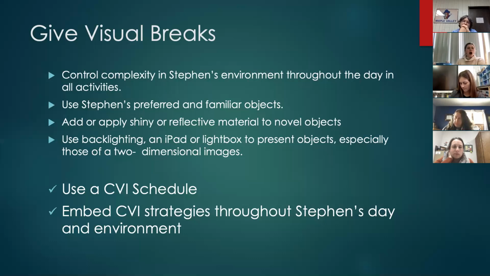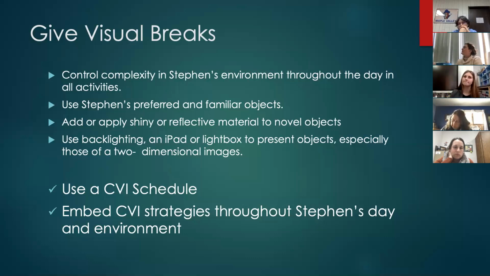And then embed the CVI strategies, not just when you have the student, but throughout that student's or Stephen's day and environment. So if you have a child that's a 5th grader and they're in the classroom much of the time, then really work with that classroom teacher so that there's consistency, maybe talking about decluttering or using softer lighting.